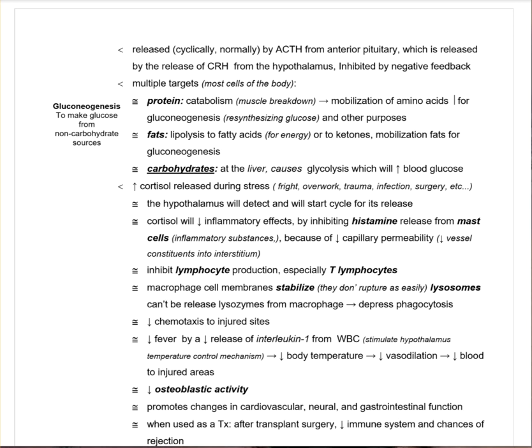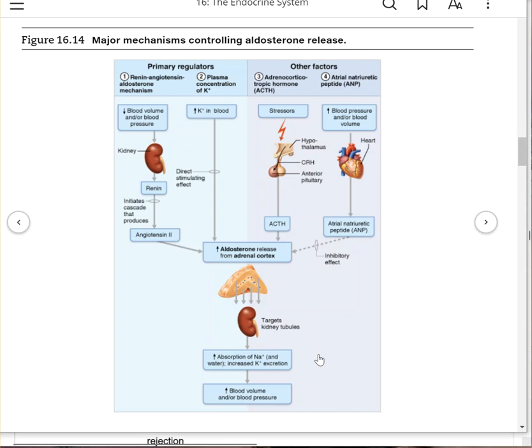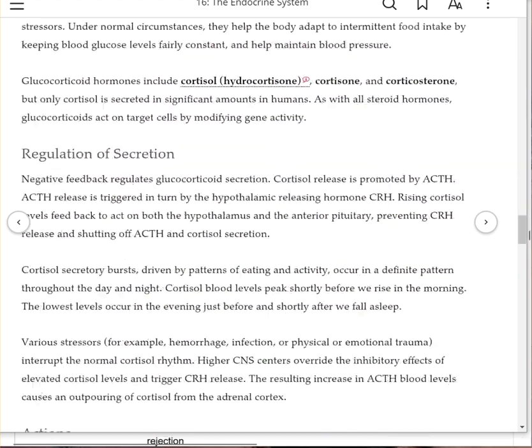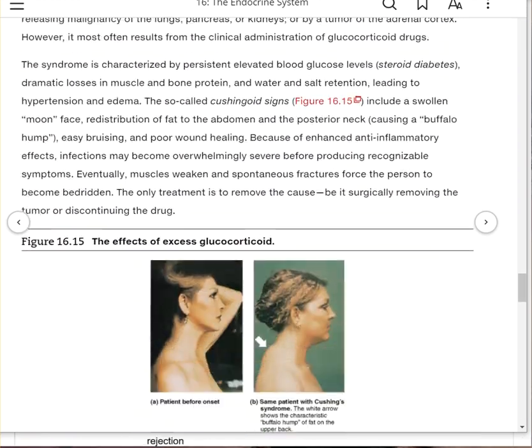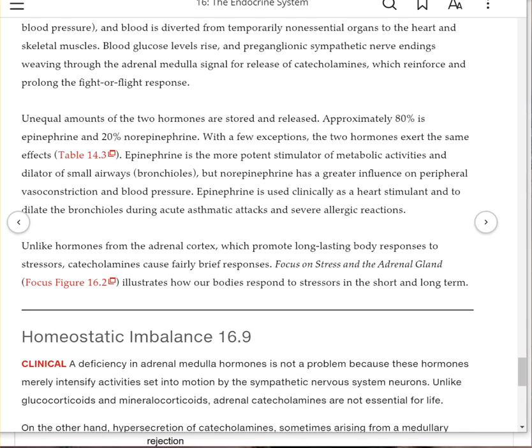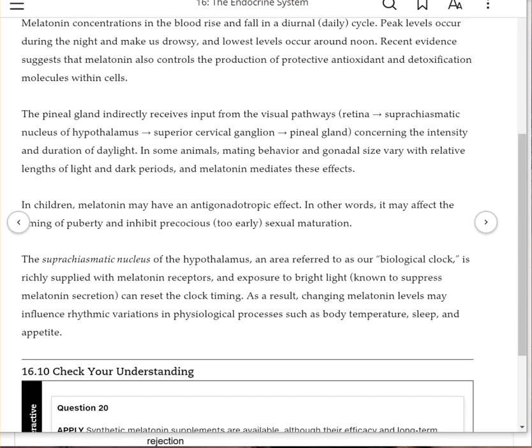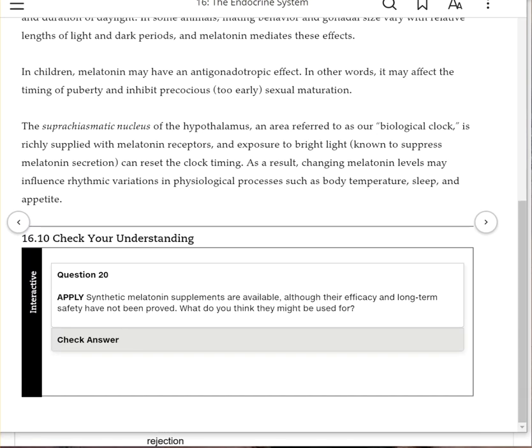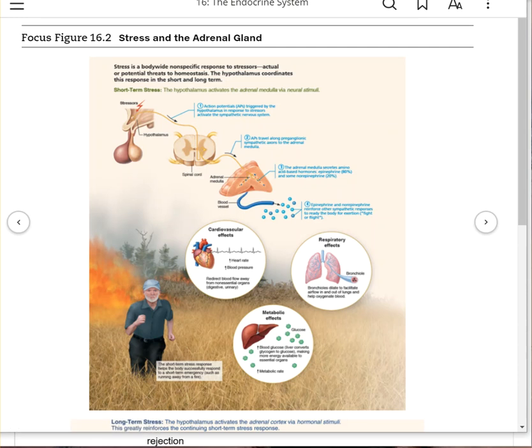Yeah, so I wanted to point out before I go through this that there's a nice focus figure in the book now. I'm going to have to find it. Sometimes these focus figures are at the end in the ebook. Yeah, here it is.